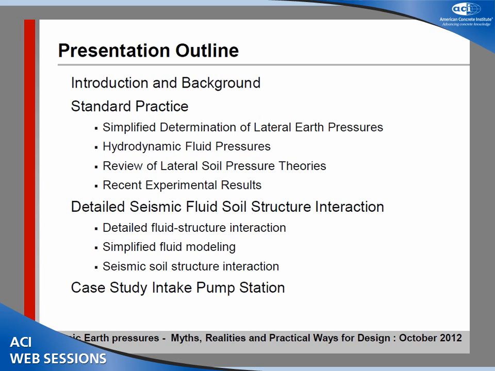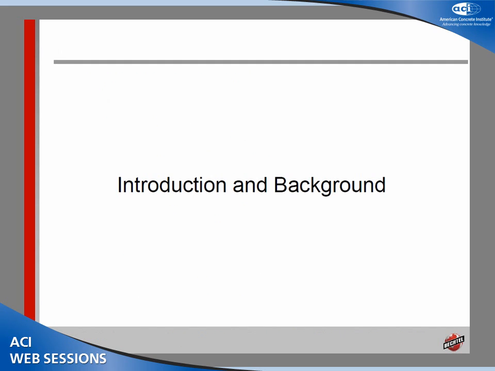And then a more detailed type of analysis, like what is required for nuclear structures, where you actually have to do a fluid soil structure interaction analysis of the structure, and a case study of the nuclear structure design accounting for fluids and soil structure interaction. Hopefully we will go over all these topics. I think I had more slides than what I will be able to go through.